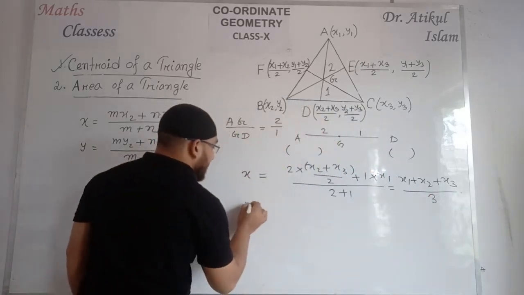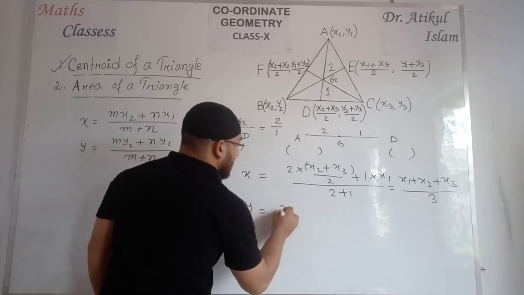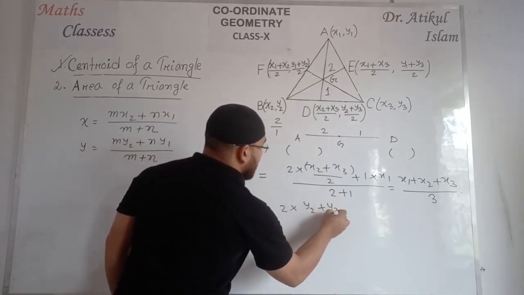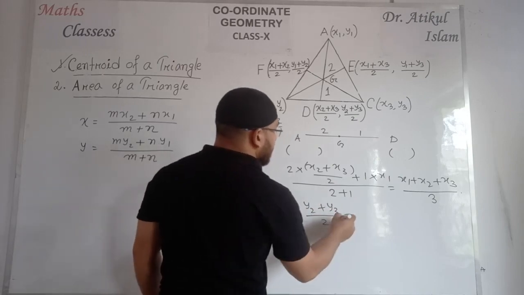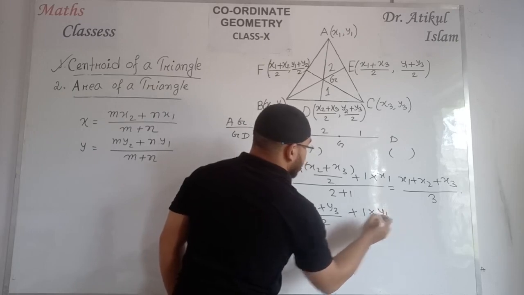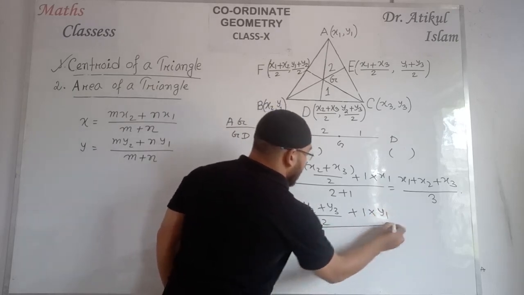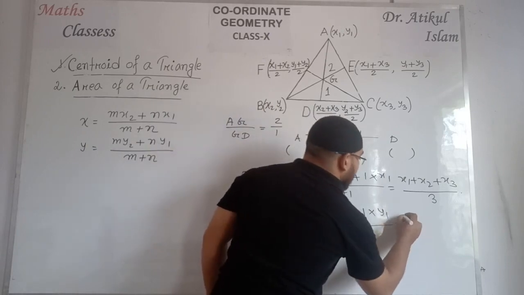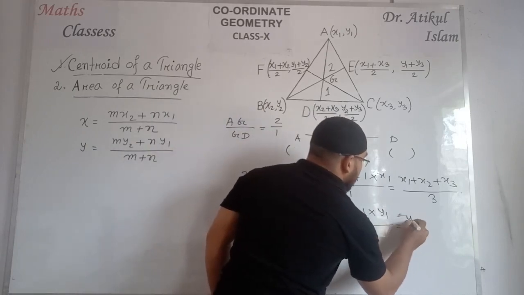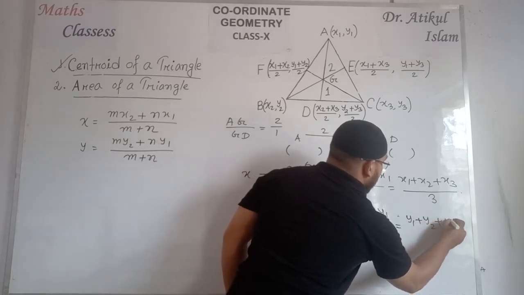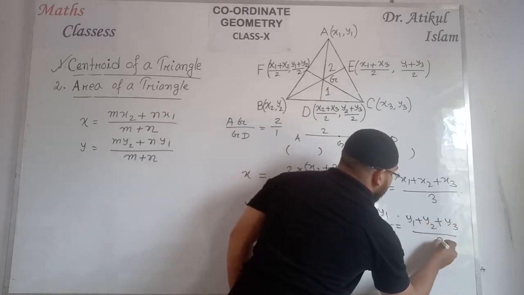Similarly, the ordinate is (2 into (y2 plus y3) by 2, plus 1 into y1) whole divided by 2 plus 1. After simplification, we will get (y1 plus y2 plus y3) by 3.